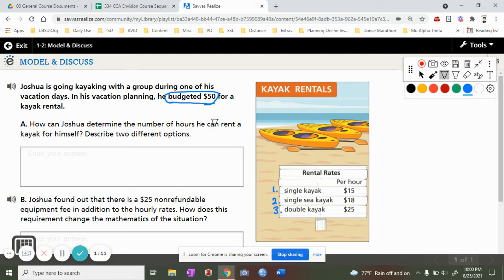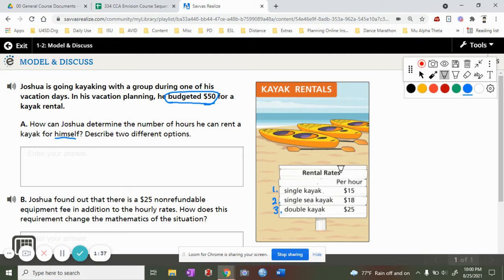Well, since the question here specifically says he is renting a kayak for himself, we could exclude the double kayak, and we don't need to worry about that. But our two additional options, the single kayak and the single sea kayak, each cost a little bit more per hour.